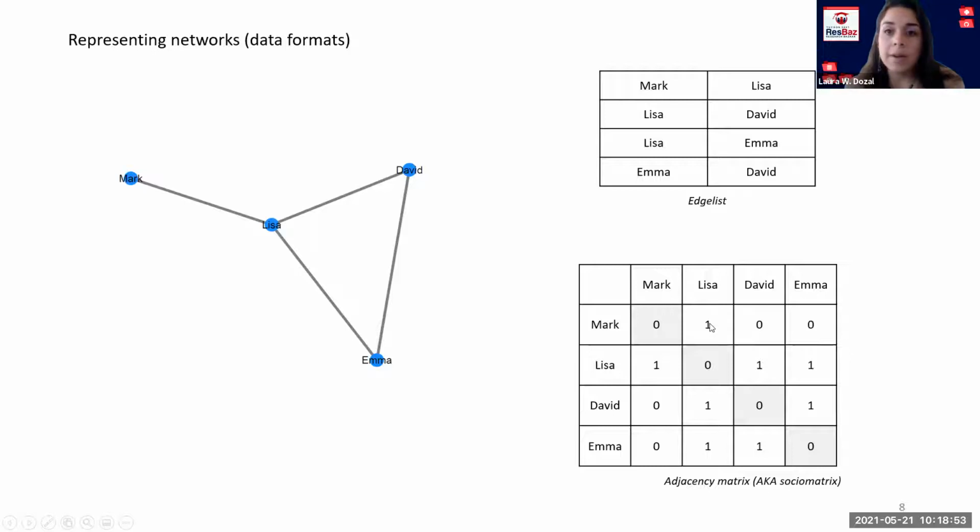So Mark and Lisa is here, and here's a 1. And 0 indicates no ties. What there is to note here is that the diagonal is all zeros. So here, that means that the network is undirected.